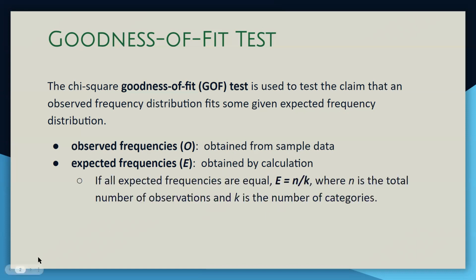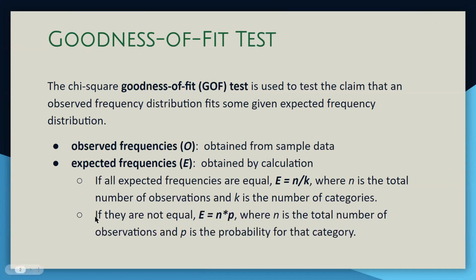To find those expected frequencies, if we know or are told that all of the expected frequencies are equal, we calculate those expected frequencies by dividing the total number of observations n by the number of categories k.